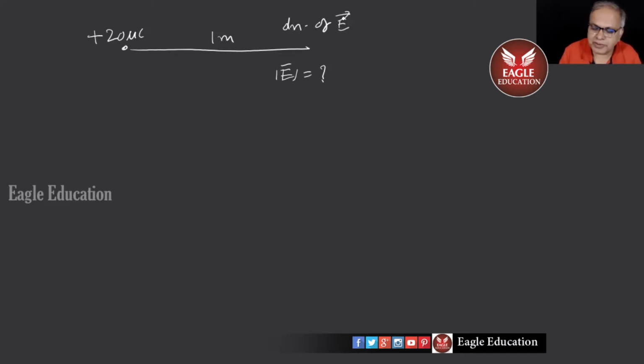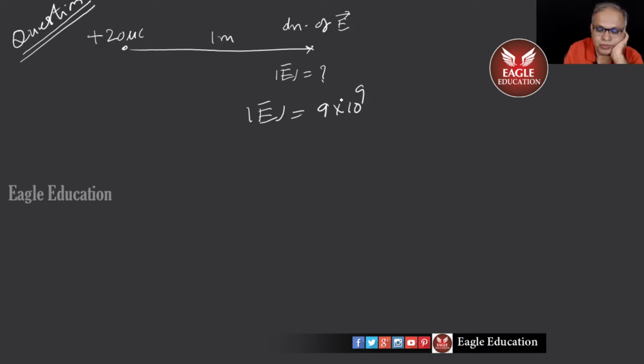Tell me, children. Sai Bharat, what is mod E here? A question for you people. At this point, mod E equals 9 into 10 to the power 9 into Q, 20 into 10 to the power minus 6, by R square.